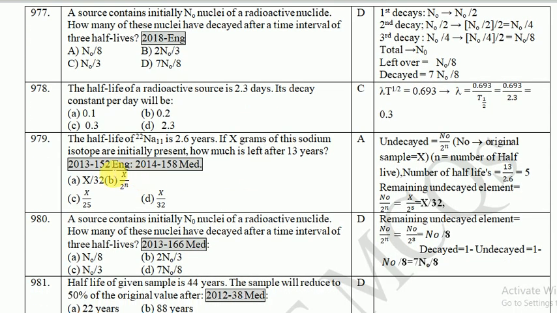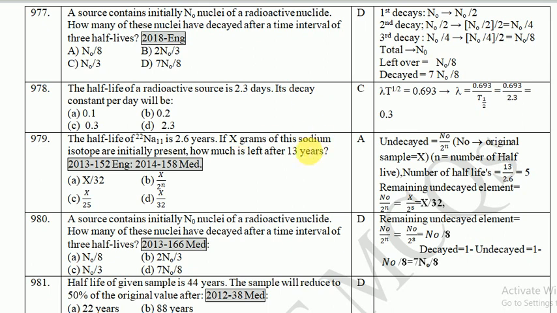The next is: the half-life of sodium is 2.6 years. If X gram of this sodium isotope is initially present, that is, the initial substance was X, how much is left after 13 years? So how many decays occur?